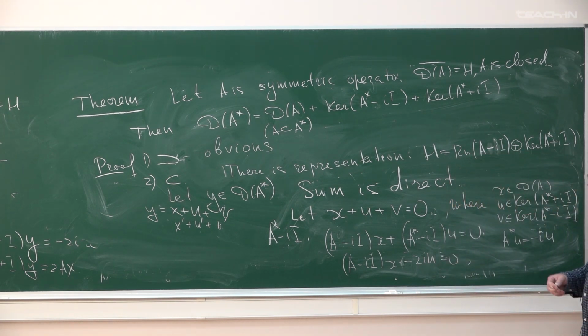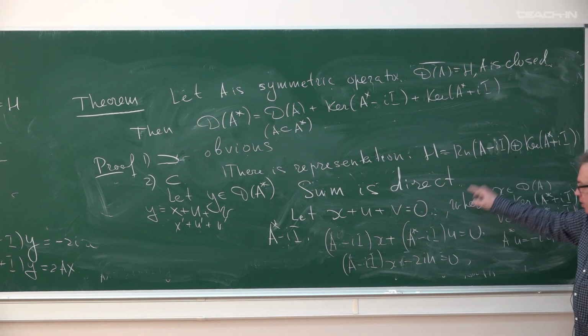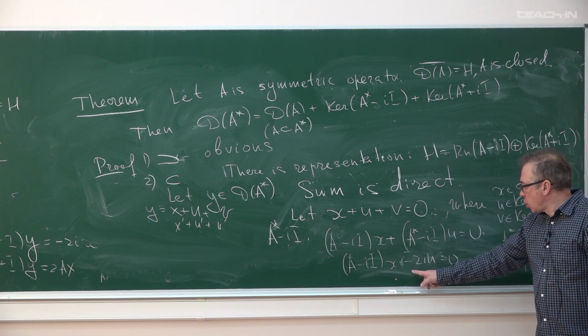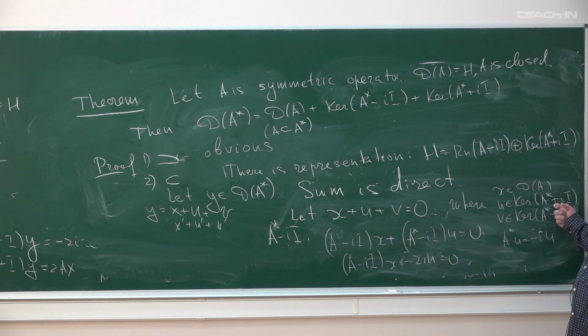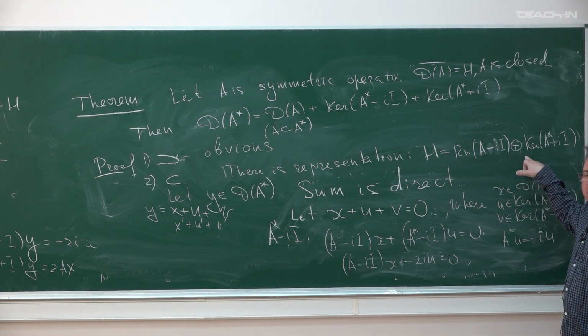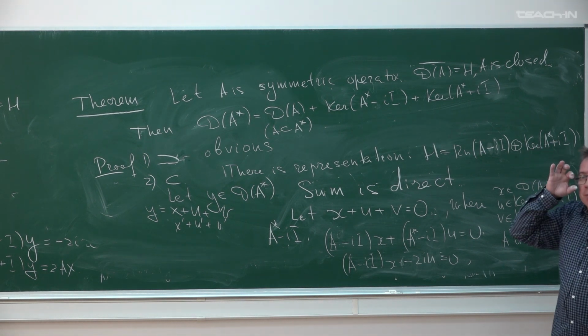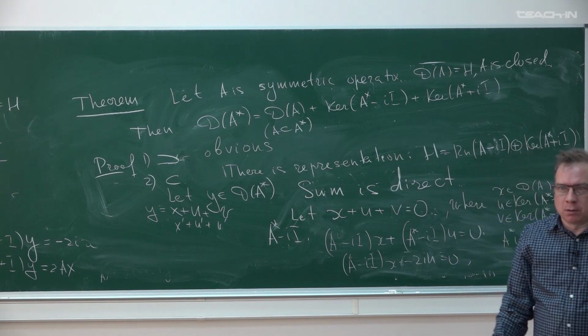So we have some representation in this sum: the range of operator A plus the kernel, u from the kernel of the adjoint operator. But we know that this sum is not only direct, it is orthogonal. It is orthogonal, in particular it is direct.